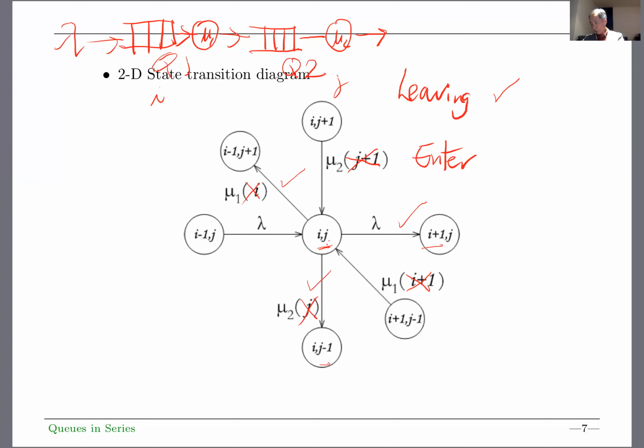What about entering IJ? If I put the symbol for entering IJ, this is one of them: a departure from the second Q from state I, J plus 1, that will become IJ. And a departure from the first Q when the state is I plus 1, J minus 1.